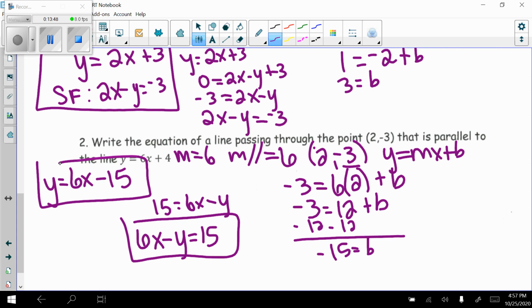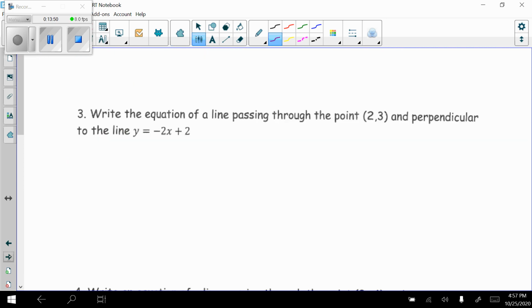So next page of notes. This time it says write the equation of a line passing through the point 2, 3 and perpendicular to the line y equals negative 2x plus 2. Again, first identify what's the slope of the line they gave me, negative 2. This time I want the perpendicular slope.